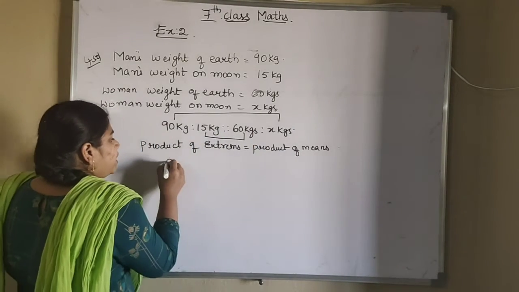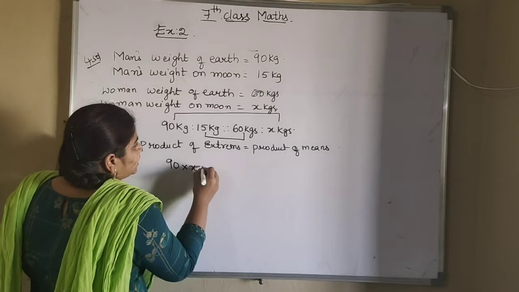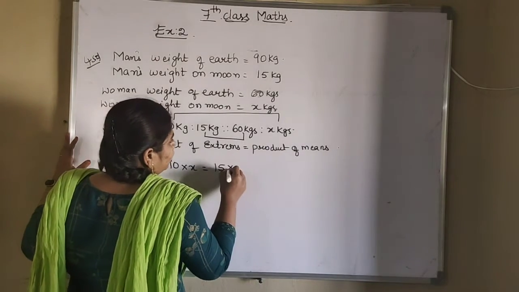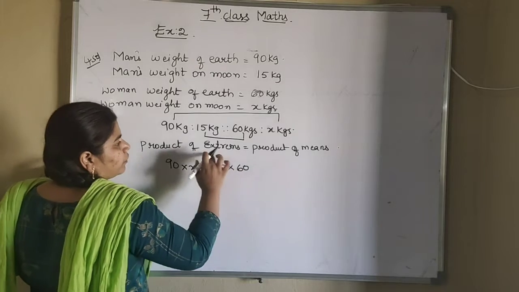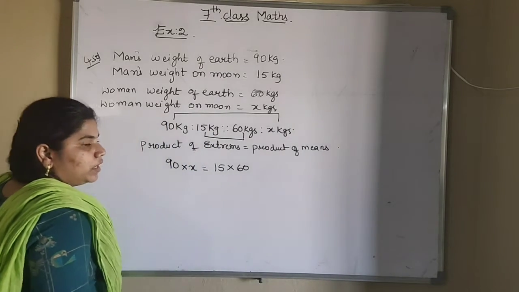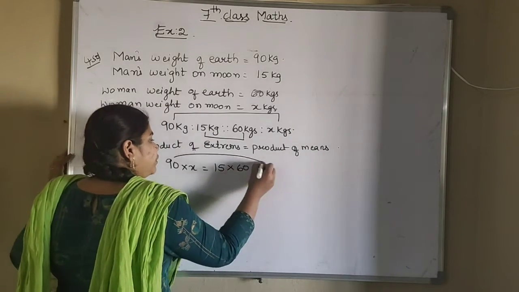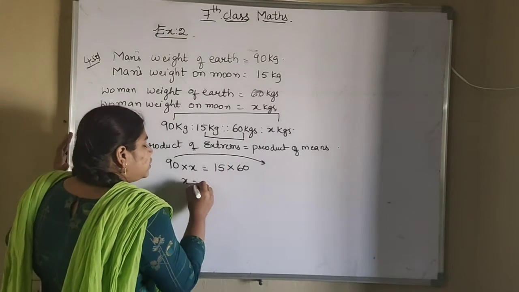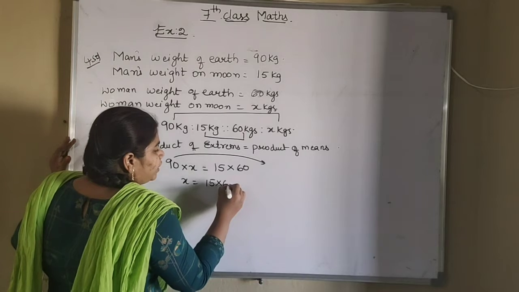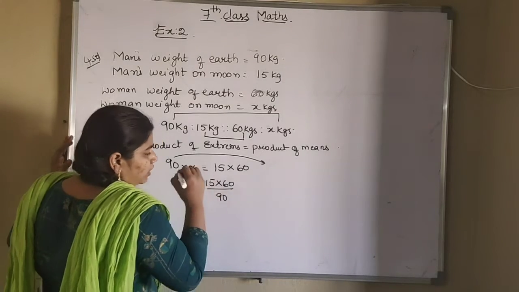Now you multiply. 90 into x is equal to 15 into 60. Now I am sending this 90 to the other side, so that will be converted into division. So x is equal to 15 into 60 by 90.